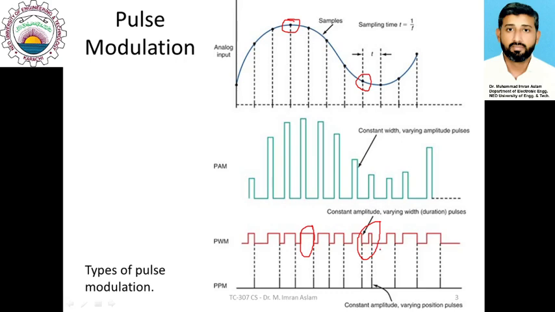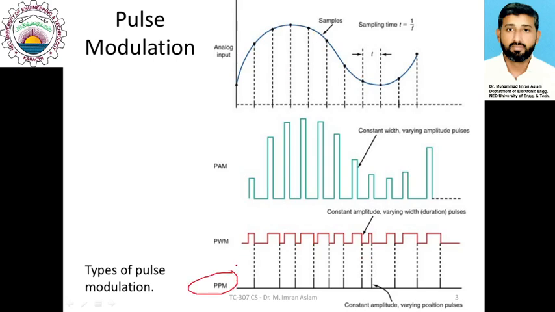So you can see that this pulse is relatively narrow here, whereas for high amplitude we are using a wider pulse. So this width of the pulse is actually representing the amplitude of the modulating signal or analog signal here.